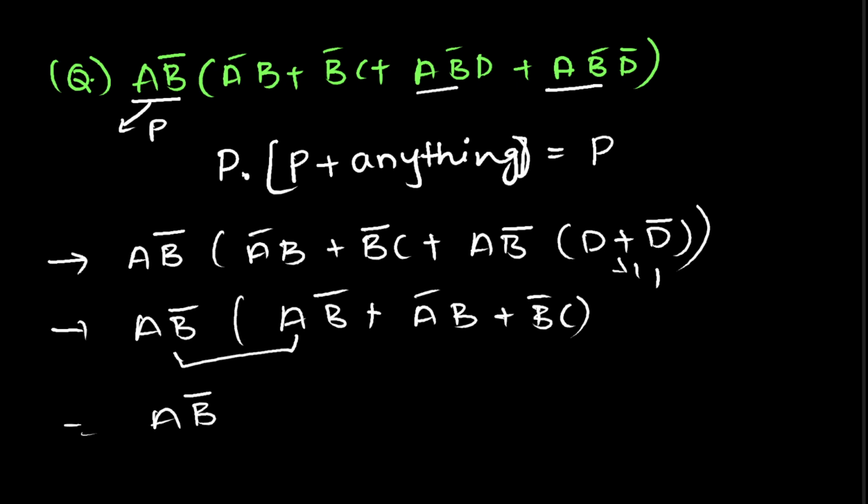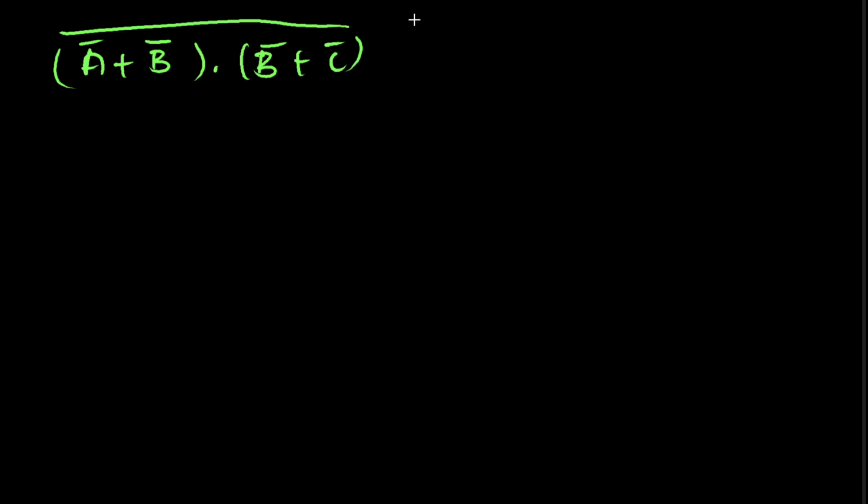So I will give another question here. Let us solve another question. If I am having a bar plus b bar into b bar plus c bar, whole bar, then how should I solve this one? Let us see. I will apply De Morgan's theorem.